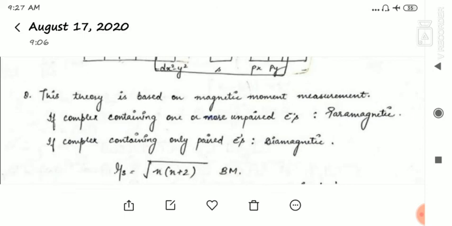That means the d orbitals are fully filled, and the situation is diamagnetic.